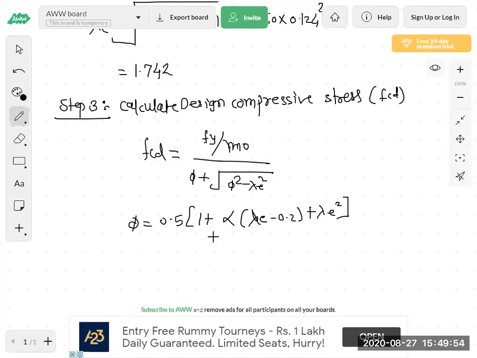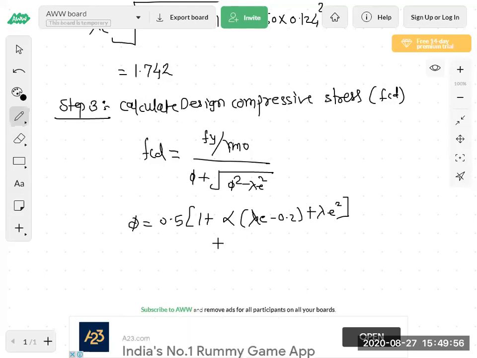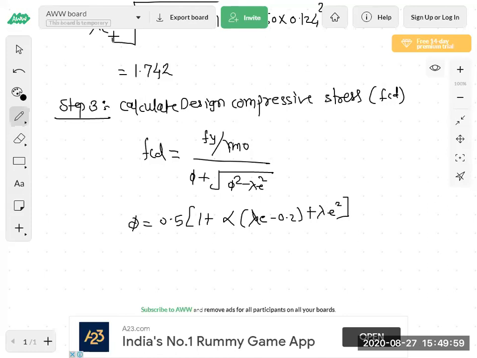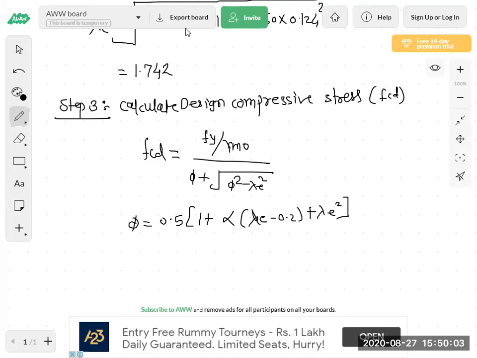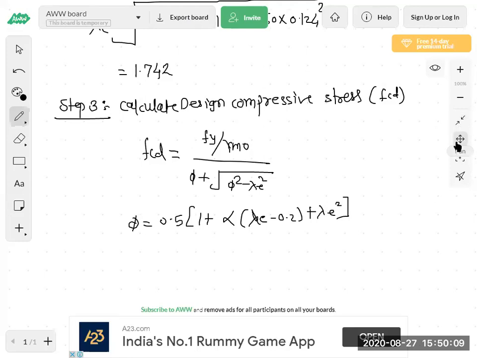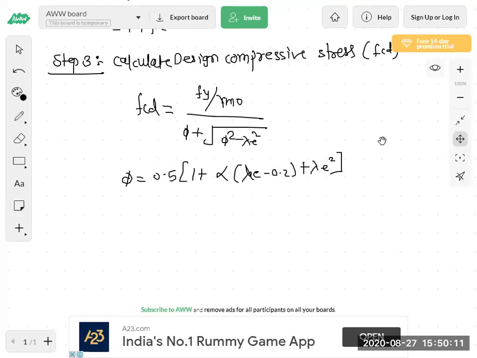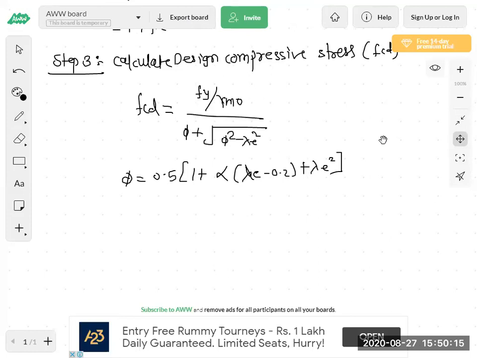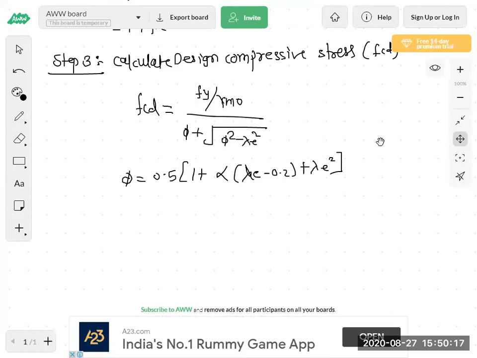So how to calculate alpha? We have seen the procedure in the last lecture. How to calculate alpha? We have to go to page number 35.